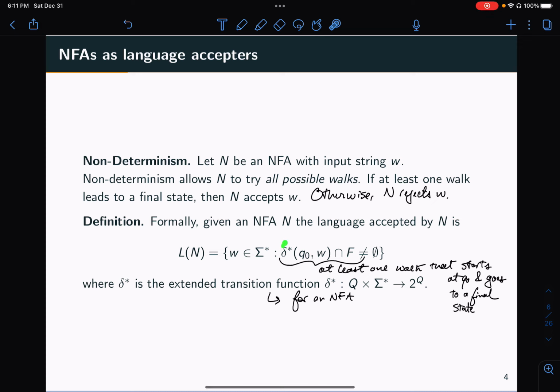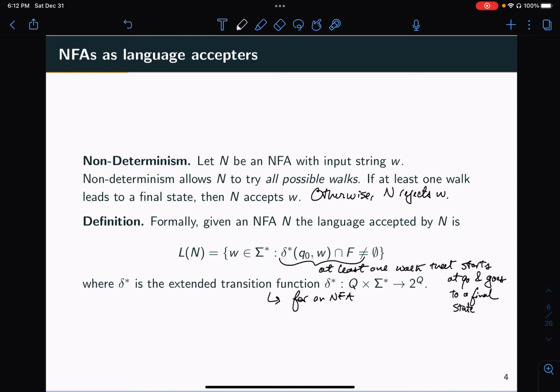So in other words, what this is saying is find whether there are any states in common between delta star and F. And so finding anything in common is signified by saying this intersection should be not equal to the empty set, okay? So that's how this natural language description corresponds to this formal, specific, and precise mathematical notation, okay?